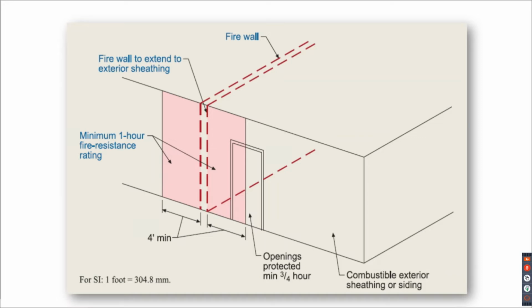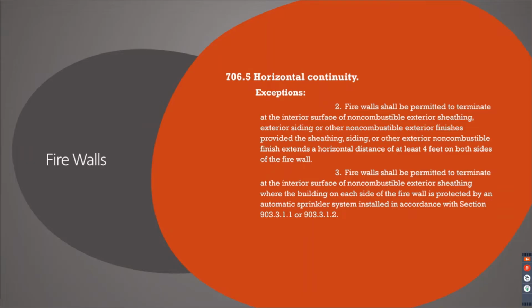So again, instead of sticking out 18 inches, you're going to go sideways and go 4 feet out, protect those openings as required. Exception 2, firewall shall be permitted to terminate at the interior surface of non-combustible exterior sheeting, exterior siding, or other non-combustible exterior finishes, provided the sheeting, siding, or other exterior non-combustible finish extends a horizontal distance of at least 4 feet on both sides of the firewall.